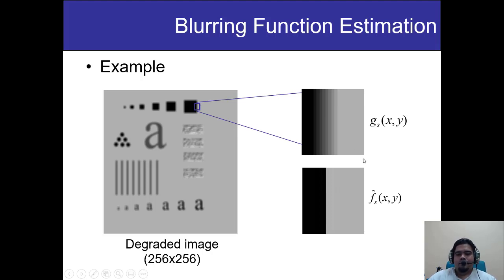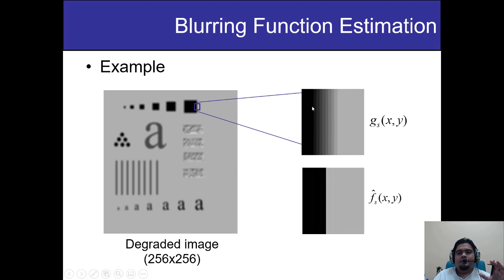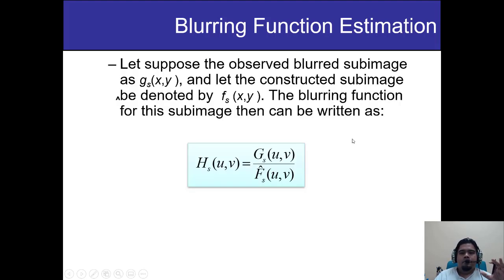That's why in the formula here, one way you can estimate your h is to get the sampling or the crop version of your image, which is your gs. And then you can fabricate or estimate your fs here. So from there you can estimate your h, because you can simply do this operation.